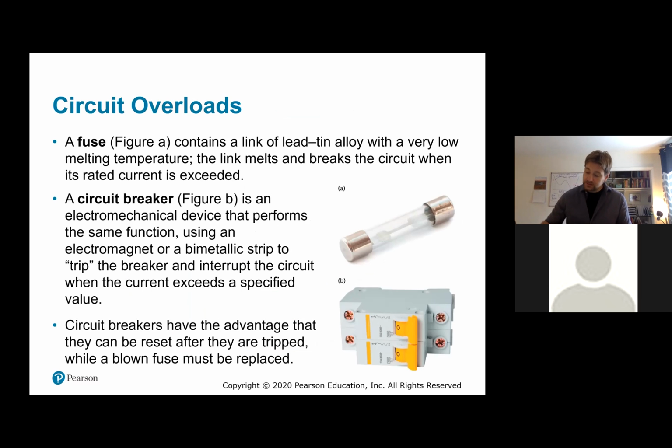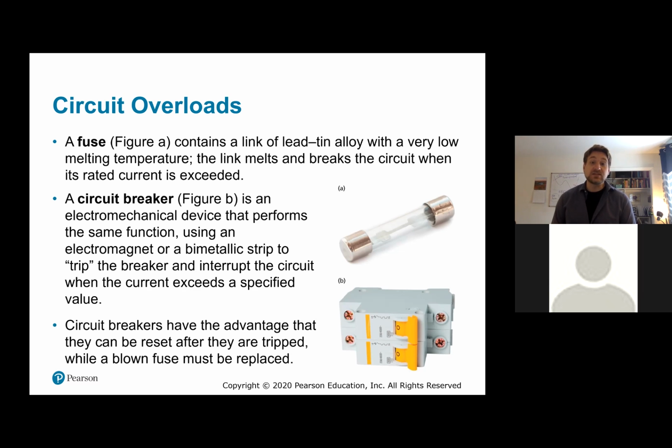If the current in a fuse gets too large, the power dissipated by that element is large enough to melt the conductive element and the circuit's broken, which saves your devices from melting themselves. A circuit breaker, maybe a little bit better, is an electromechanical device that does the same thing.